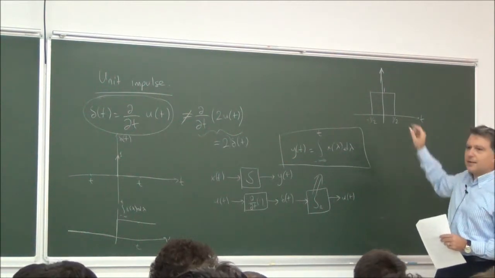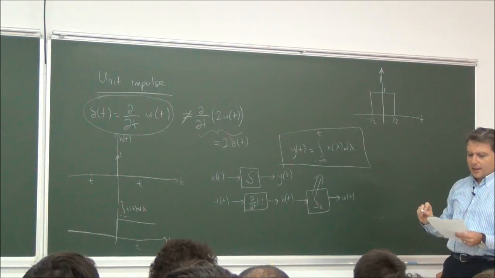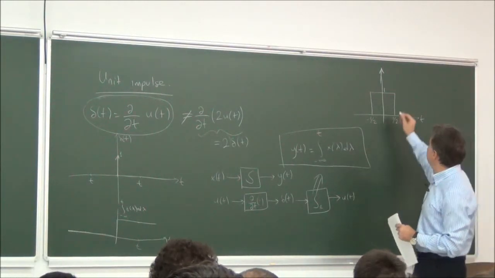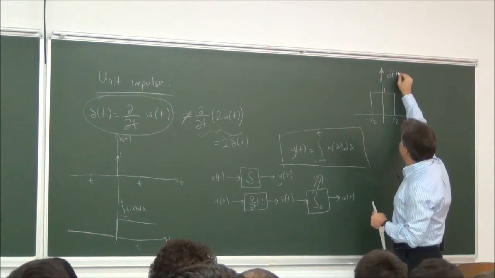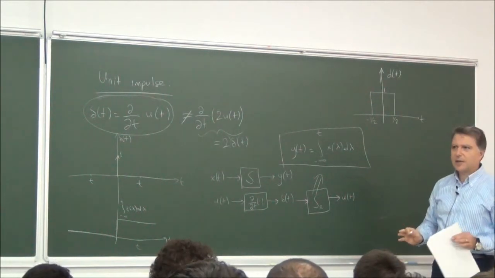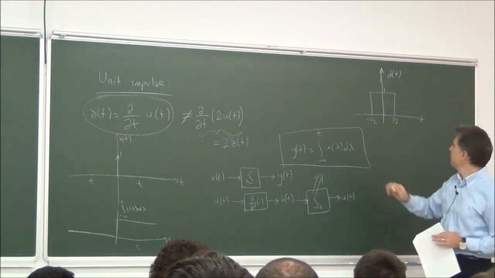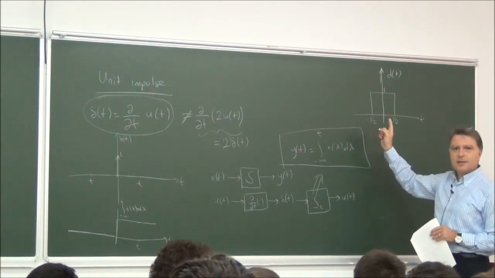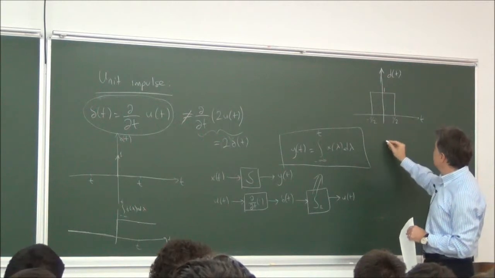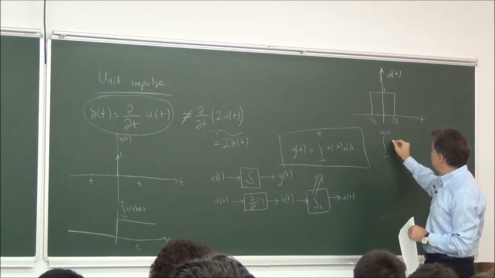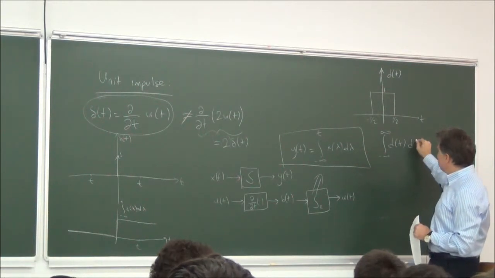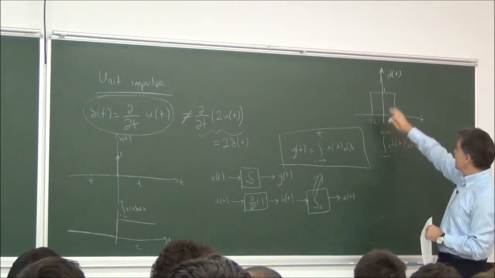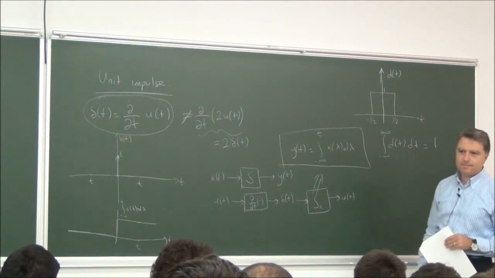Now, this is a rectangular box shape I'm drawing. And I'm going to give the name d of t to this one. It's a function name. It's not a derivative dt or anything. I'm giving a name to this one. What is the area under this function d of t, from minus infinity to infinity? Sorry about the ambiguity. What is that? It's the area under this box, and it's equal to 1.